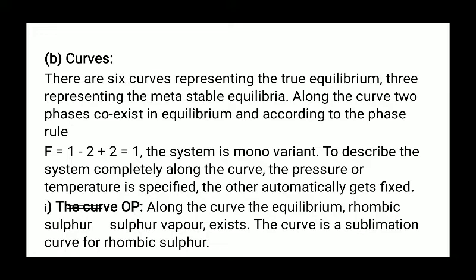The system is now monovariant. To describe the system completely along the curve, the pressure or temperature is specified, and the other automatically gets fixed. The curve OP: along the curve, equilibrium of rhombic sulfur and vapor exists. The curve is the sublimation curve for rhombic sulfur.